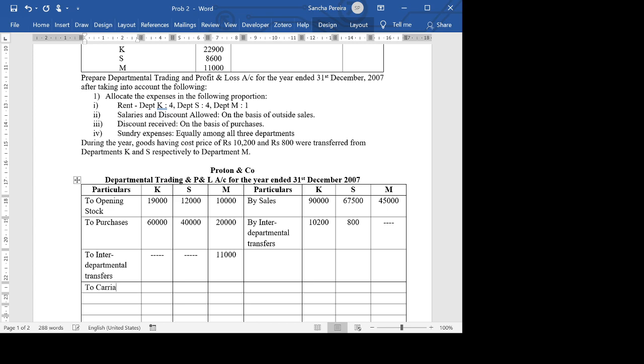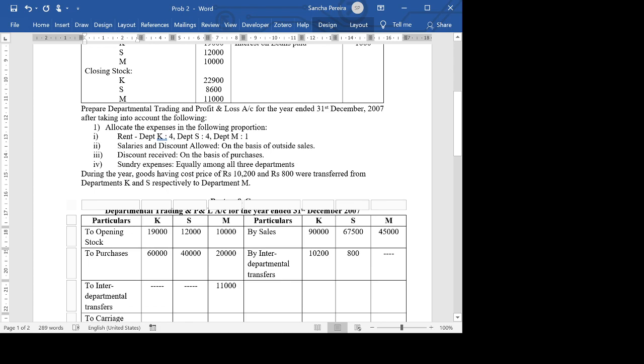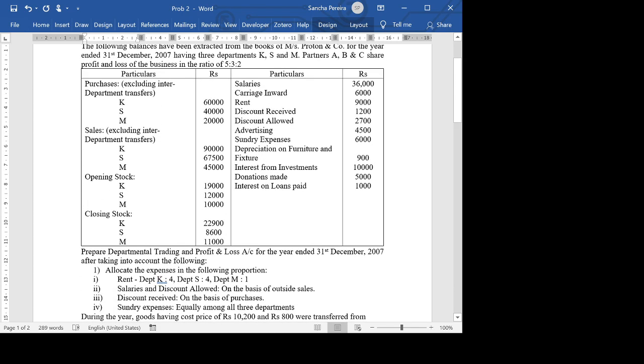To carriage inward. Now we need to find a ratio for that carriage inward. Carriage inward is 6,000, and we are going to divide it in the ratio of purchases. We need to find that ratio.